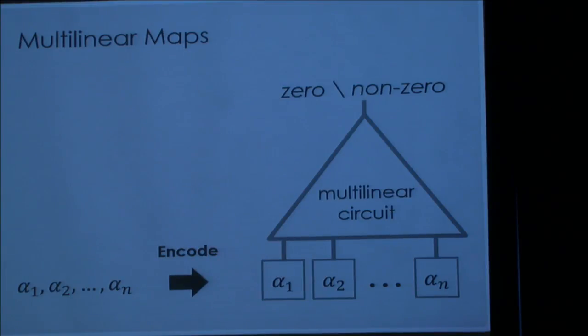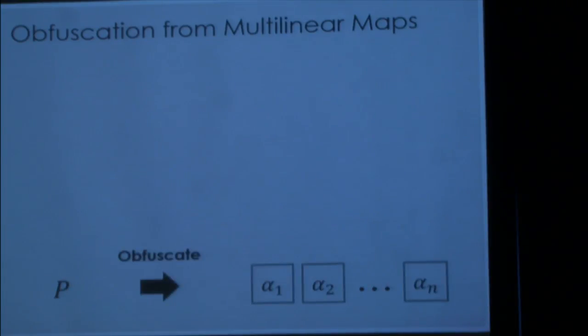OK, so we have these multilinear maps. How do we use them to construct obfuscation? Many of the obfuscation constructions, at least the earlier ones, had the following extremely simple structure. Your obfuscator takes as input a program and translates it into a list of field elements. Then you encode these elements with a multilinear map, and this is basically your obfuscated program.